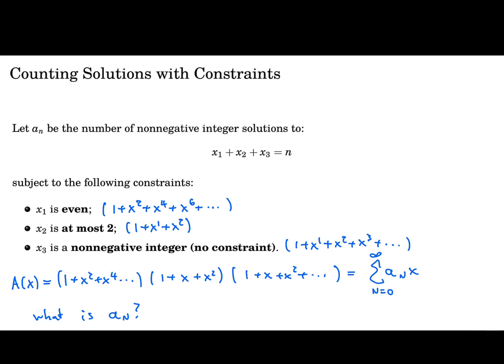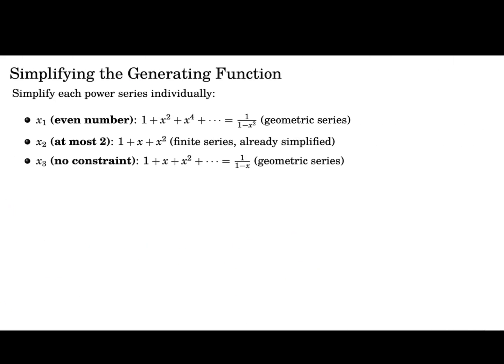As before, you can just simplify these using a geometric series and finite series. So x1 being an even number, this was the power series, and if you apply the geometric series to this, you get this over here. At most 2 was this, and this is already simplified, so we don't need to worry too much about it. And the one with no constraint, again by the geometric series, you get this.